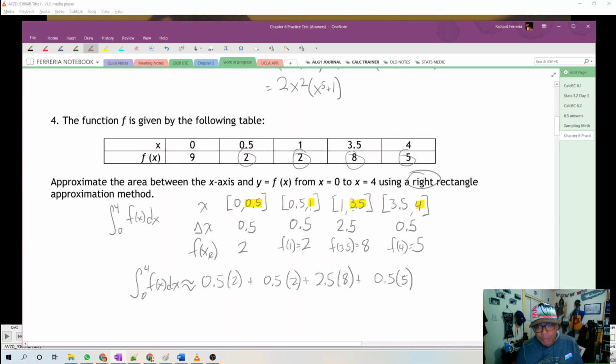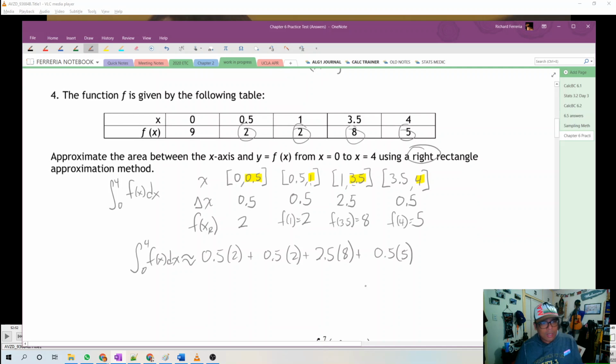Now this is supposed to be a no calculator portion, so all of these should be something that you can multiply really quickly.